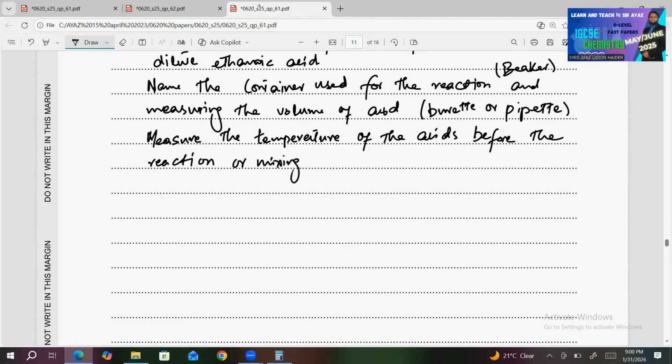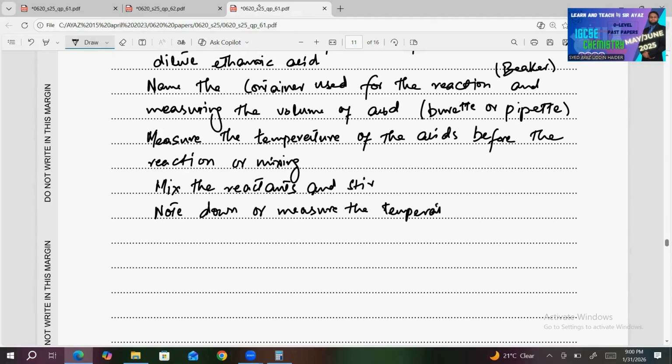What else you can write? Mix the reactants and stir. Then what you are having? Then you have to note down or measure the temperature of mixture. Temperature of mixture.